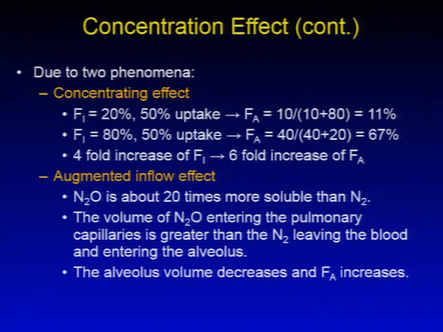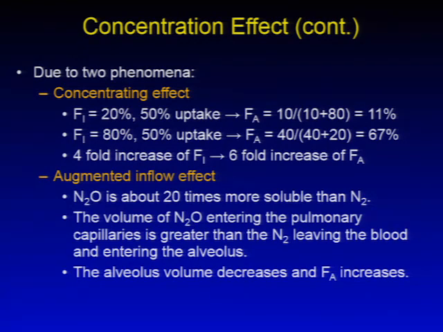So the 40% of the gas is divided by 40 plus the other gas, 20% equivalent volume, and that leads to 67% concentration. Now, when you compare these two, the inspiratory concentration increased fourfold, 20 to 80%. However, the alveolar side increased sixfold, from 11% to 67%. So that's the one factor that causes the concentration effect.